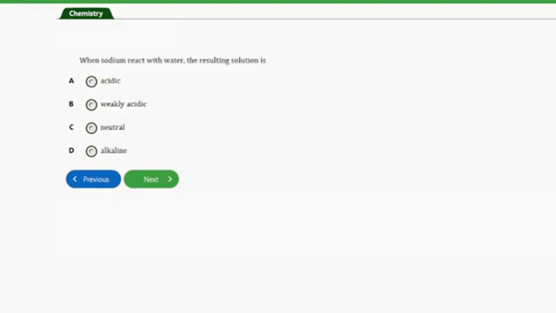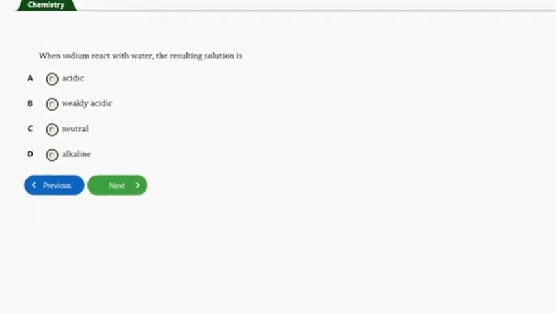That's question number 6. It says, when sodium reacts with water, the resulting solution is A, acidic, B, weakly acidic, C, neutral, D, alkaline. So guys, if sodium should react with water, let's write out the equation of the reaction.